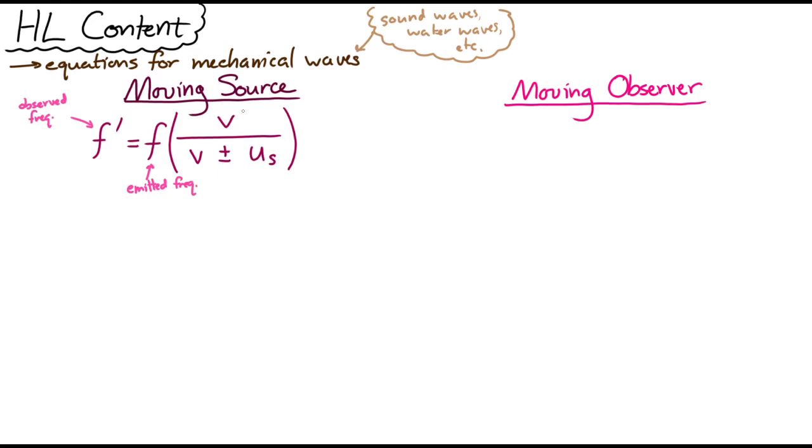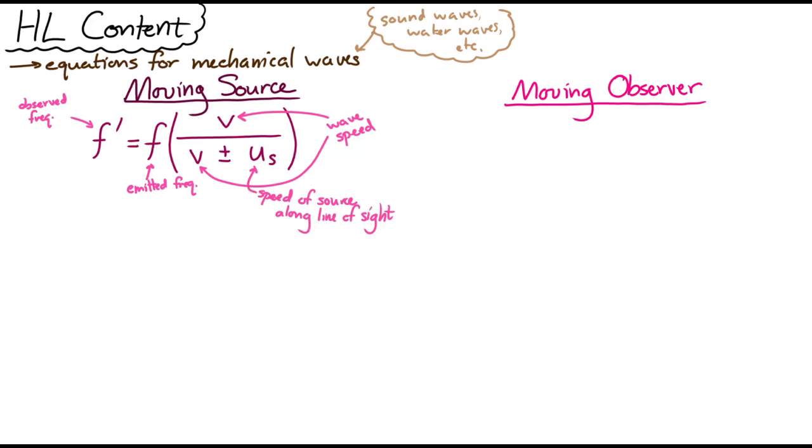The V in this equation is the wave speed, and US is the speed of the source. Now again, similarly, this is actually the speed of the source along a line of sight. So it's not quite so simple as it might seem. It's the speed of the source along a line of sight. So it's a little bit different if the source is not moving directly towards you or away from you. You have to be a little careful with that.